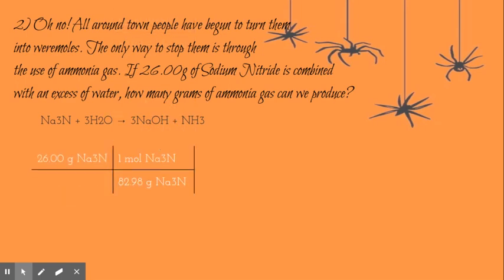And then from there, we know that 1 mole of Na3N is equal to 1 mole of NH3 from our balanced equation. So we can just do a mole-to-mole conversion. And then, since we're looking for grams of ammonia gas, we just go moles to grams. And there's your answer.